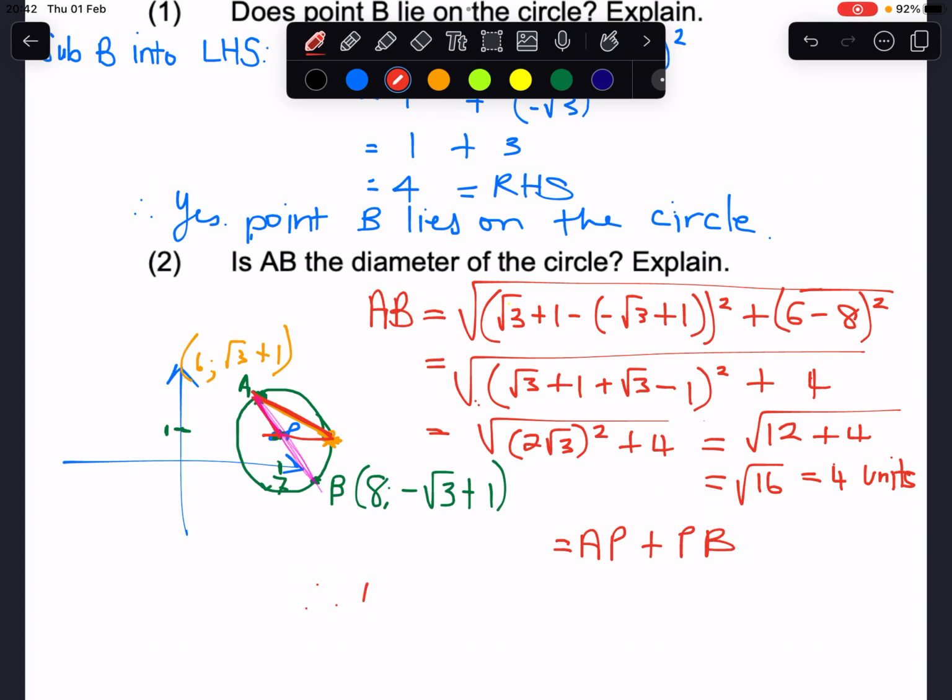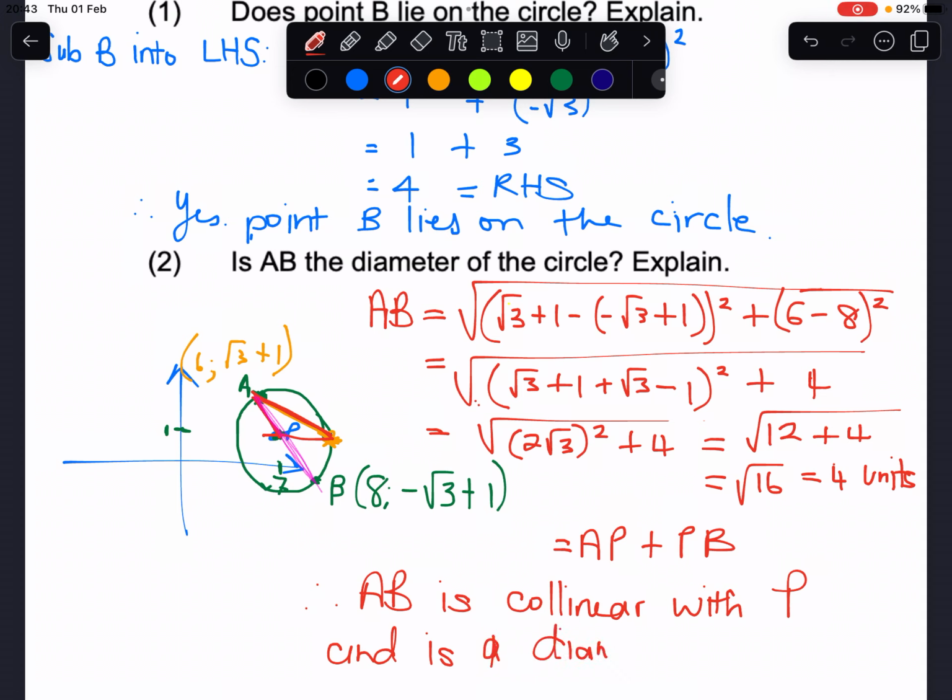Therefore, AB is collinear with P and AB is a diameter of the circle.